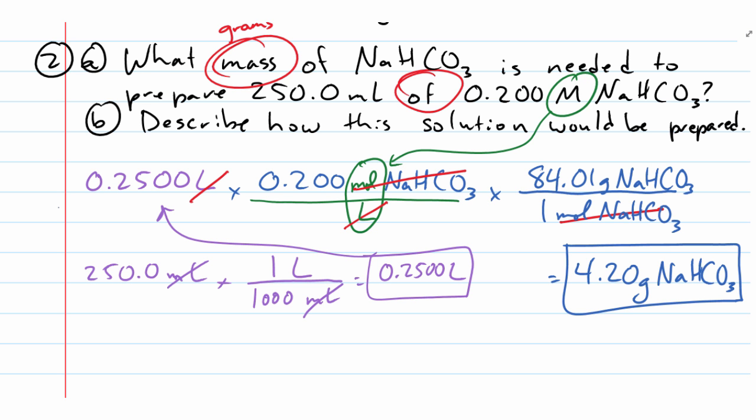So, as we look at these devices up here, you've worked with these already. What are these things called? Graduated cylinders. So have you worked with these? You haven't worked with these yet, but I have a number of these out here, and these devices here are called volumetric flasks.